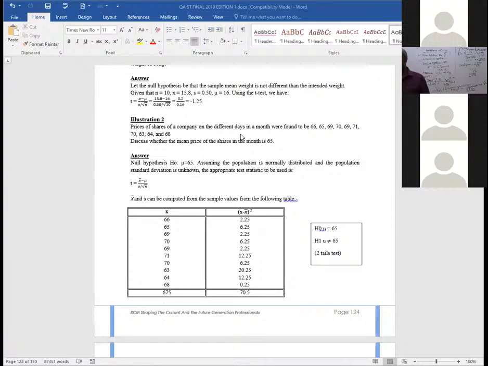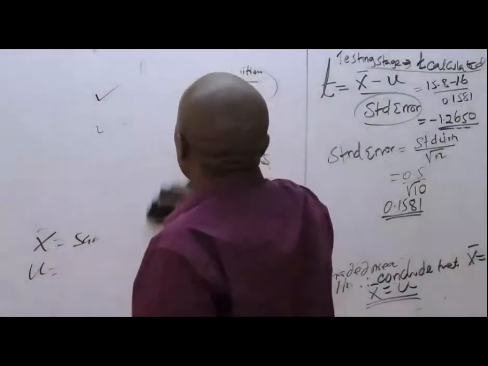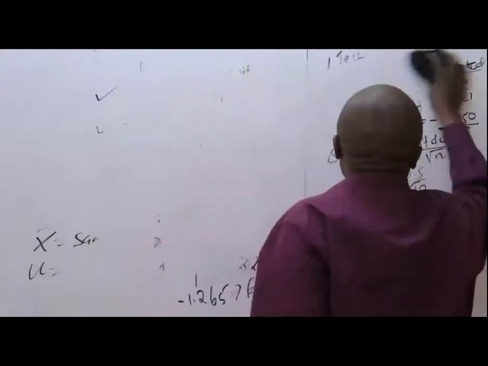Now look at this. These guys have given us a sample of the daily prices. How many are they? 1, 2, 3, 4, 5, 6, 7, 8, 9. There are 10 prices. So the first thing that I'll do, even without much struggle, is to appreciate that we've got 10 samples.